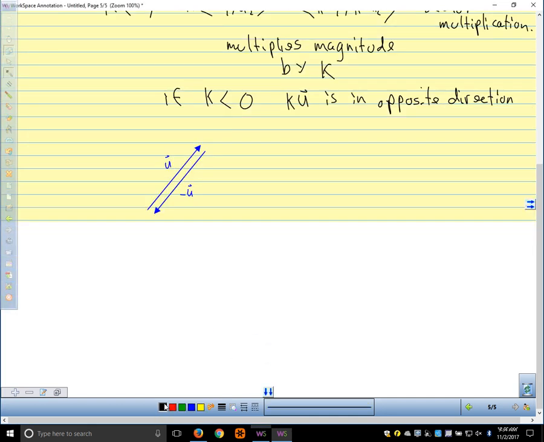We can also subtract vectors, and we can think of subtraction as adding a negative. So u minus v is the same as u plus negative v. And in component form, that's going to be u1 minus v1, comma, u2 minus v2.